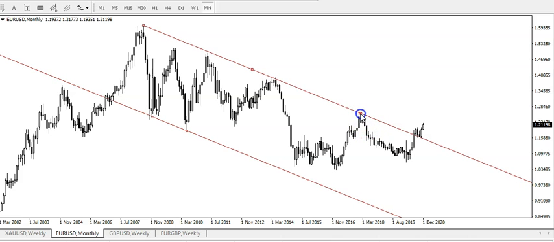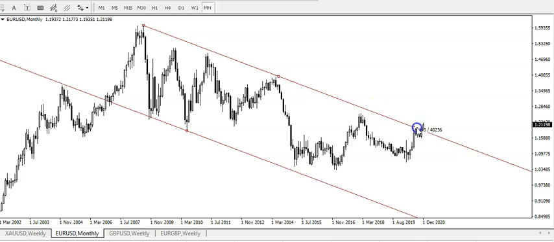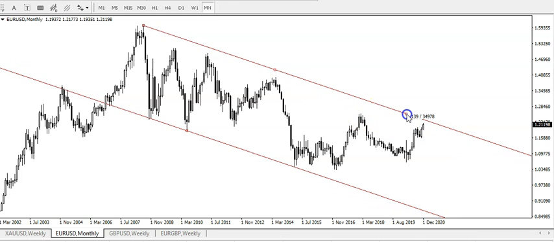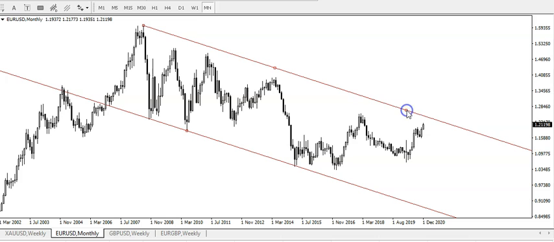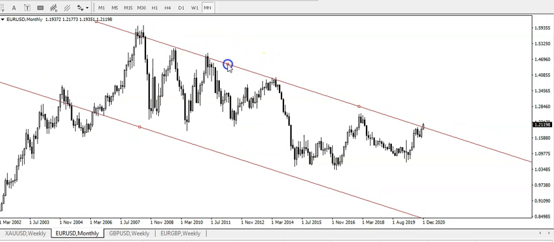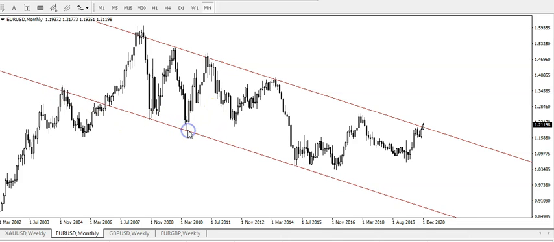Now, as you can see, the bottom part isn't exactly rocket science, and I could potentially move this so that the bottom touches it, and the top would just slant a little bit. Right, so this is a potentially best fit. Now, for those of you who are using channels or trend lines, don't take this as your Bible.